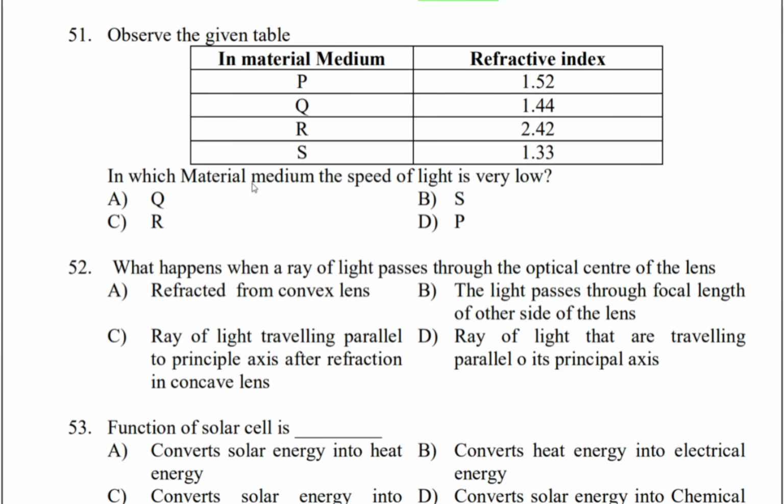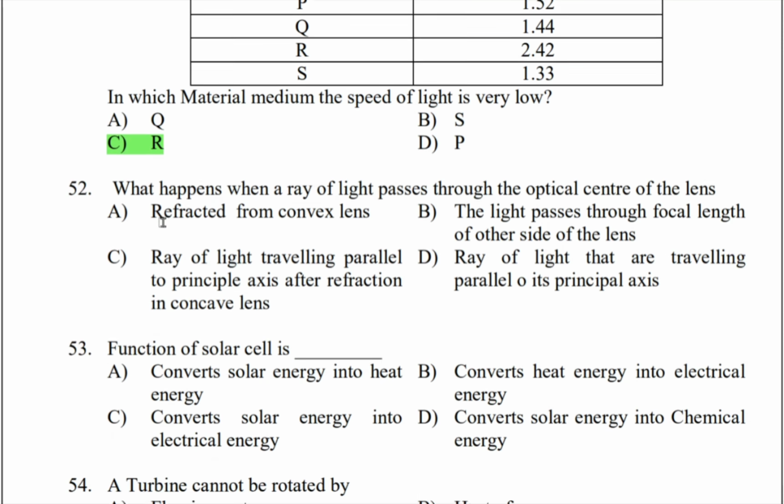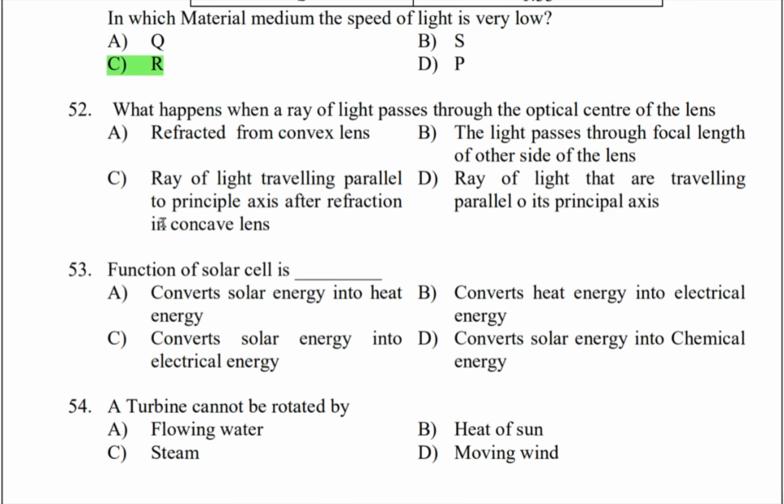Now the next question. Observe the given table: in which material medium is the speed of light very low? The speed of light will be very low in the case of medium R because it has a high refractive index. What happens when a ray of light passes through the optic center of the lens? The answer is it passes without any deviation, but that option is not there.